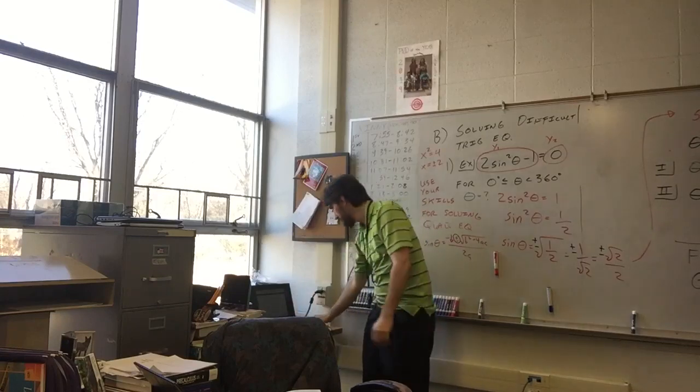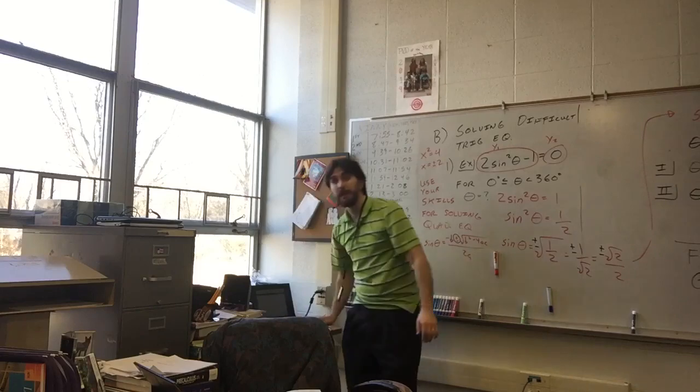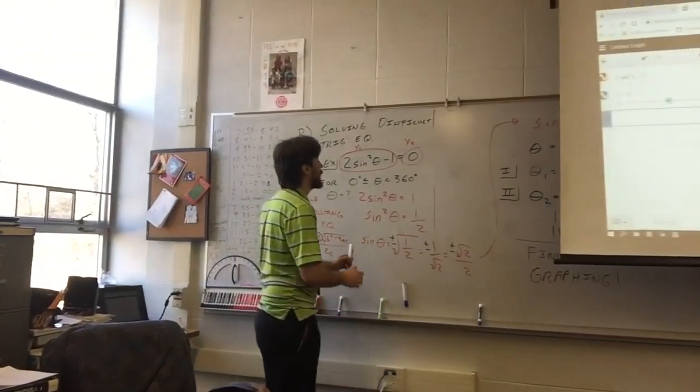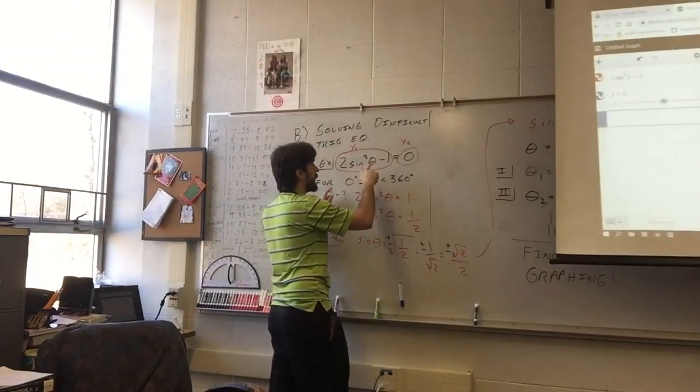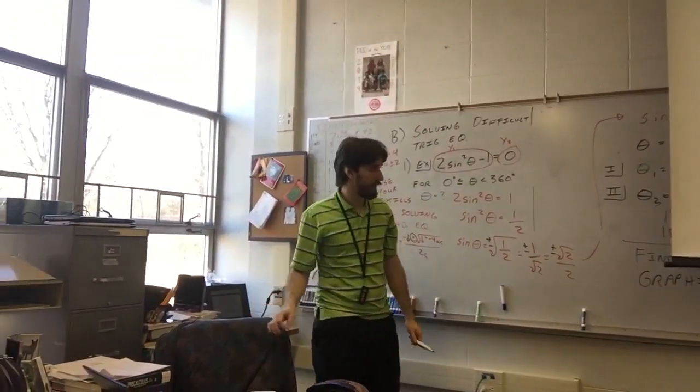Oh, good question. In the TI-84, this is how you would have to type it in. So sine squared, I would type this in as, here, I can erase this stuff below it. Where'd my eraser go? There it is.